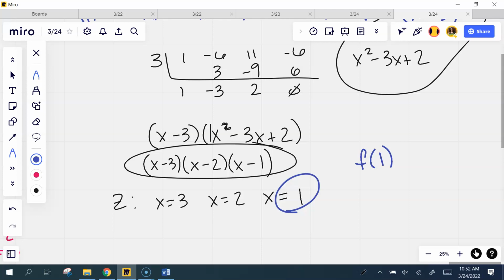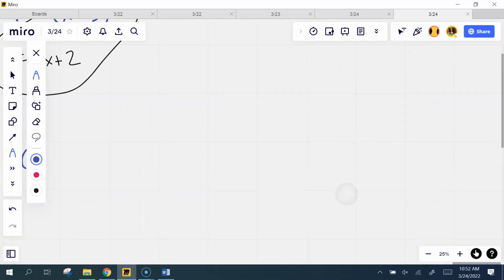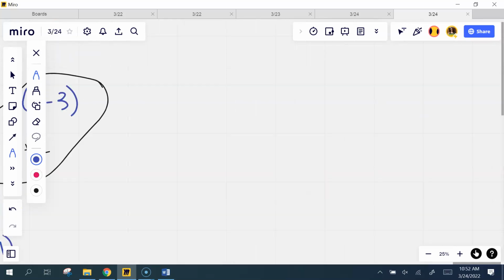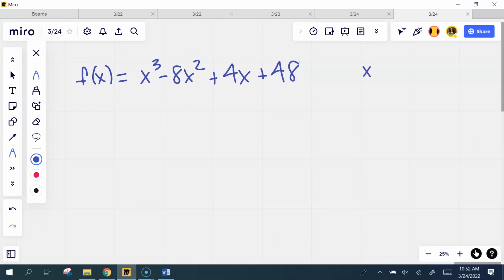And then I have some steps there. How do you find all the zeros given one zero? We're going to do this while I work through that example on number 12. We have f of x equals x to the third minus 8x squared plus 4x plus 48, and it says that x equals 4 is a zero.